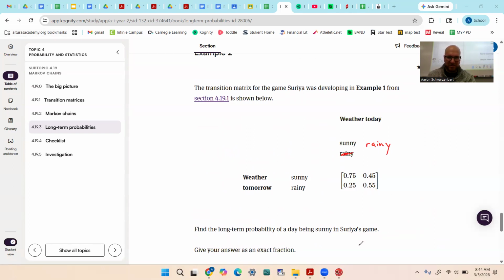It says find the long-term probabilities of a day being sunny in Surya's game. So 0.75, 0.45, 0.25, 0.55. And I'm going to use S and R has to equal S and R.